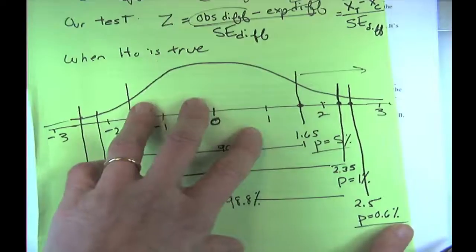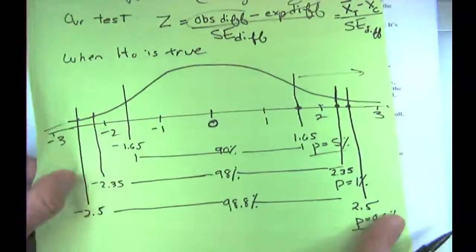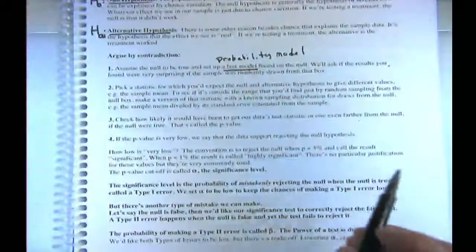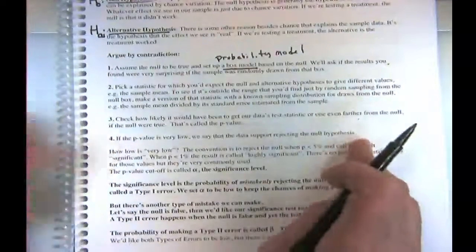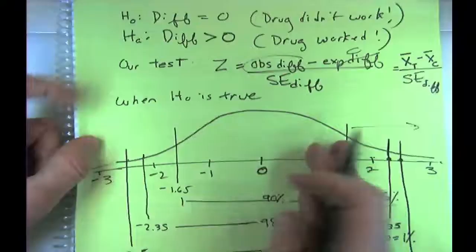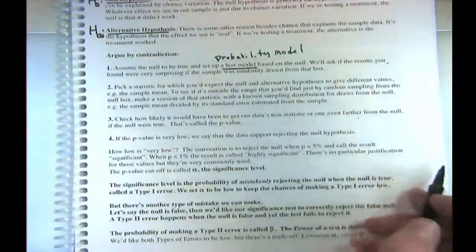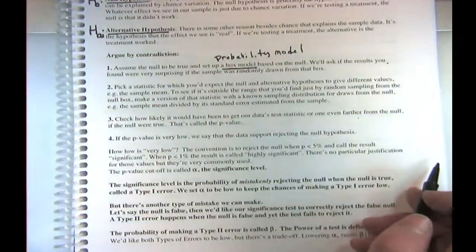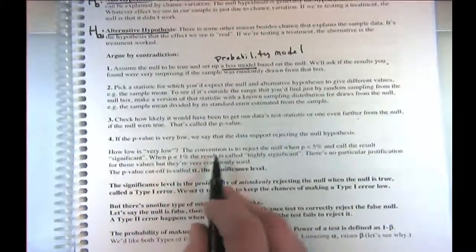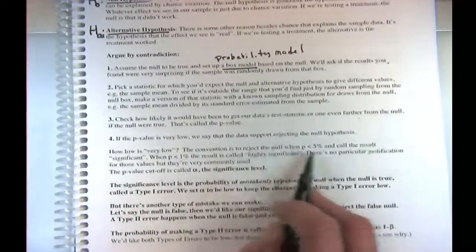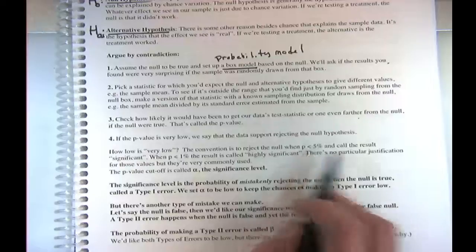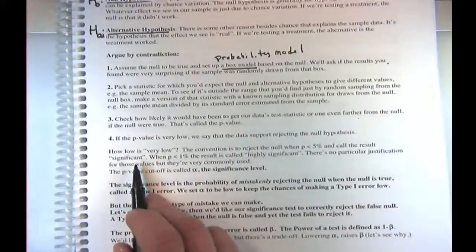That doesn't prove the alternative, and it's not certain, right? Okay, but we reject the null and basically say there's very strong evidence to support the alternative. Okay. Now, so how low is very low? The convention is to reject the null when p is less than 5% and call the result significant.